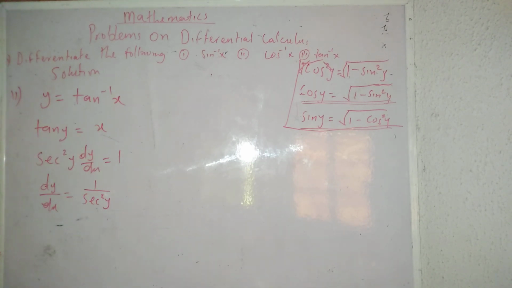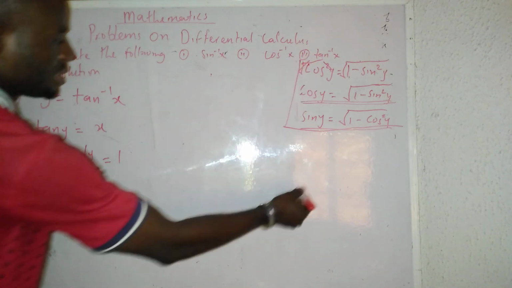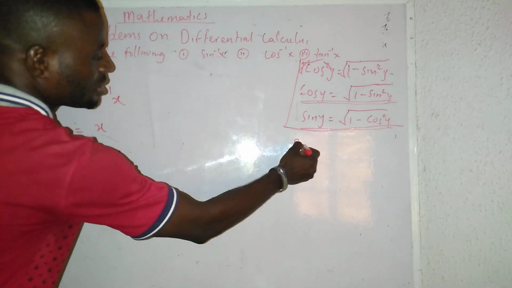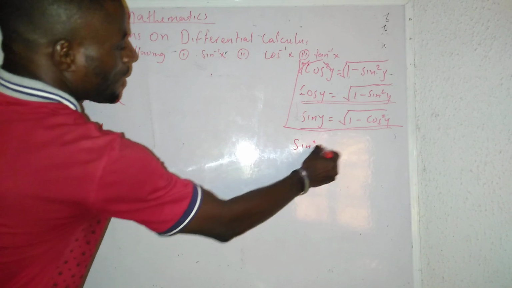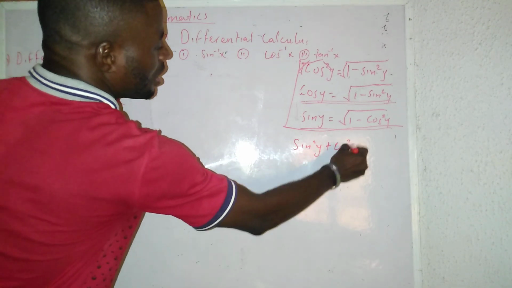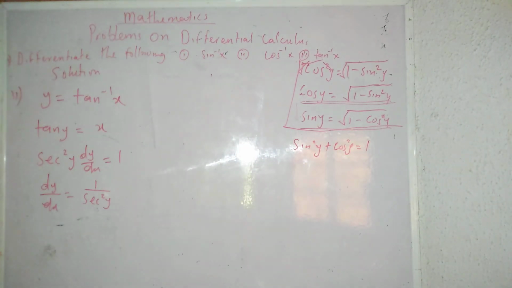Now, at this point, do I have sec? No. I can just move on to this part, where I have sine squared y plus cos squared y equals 1. How do I derive sec? Sec is the inverse of cos, 1 all over cos.